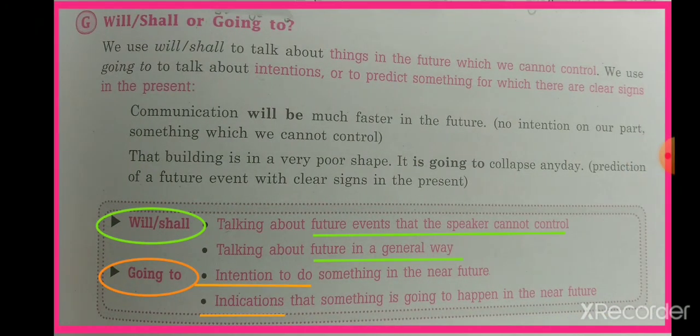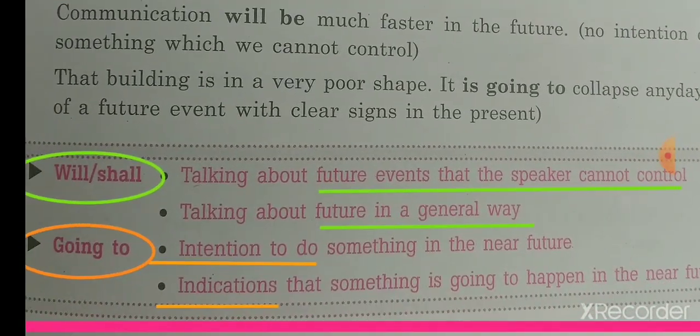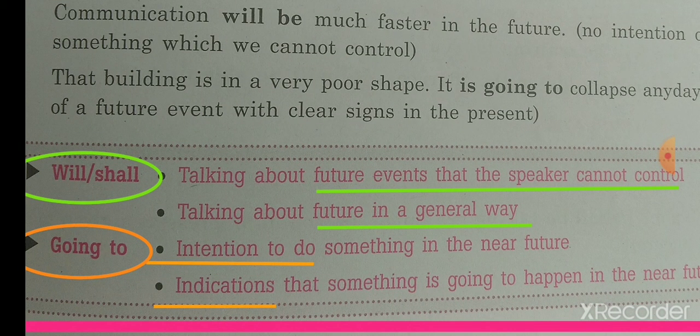Now let us discuss the difference between will, shall or going to. It's really very important to remember, because while using them you may get confused, if a blank is given, whether to fill it with will or shall or going to. So the thing you have to remember: will or shall talk about future events that the speaker cannot control, meaning talking about the future in a general way.